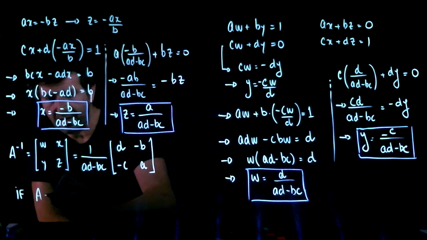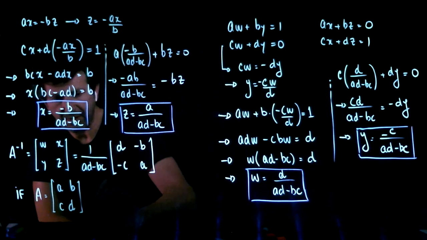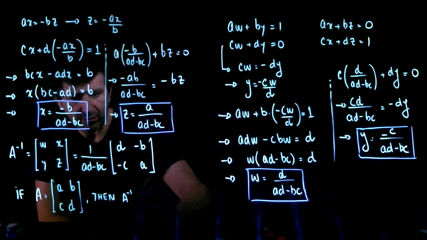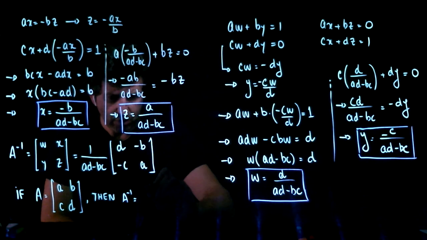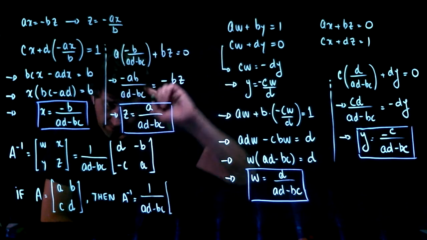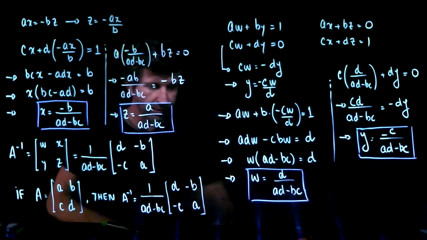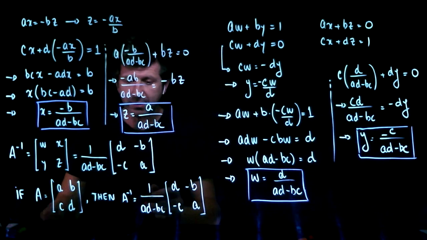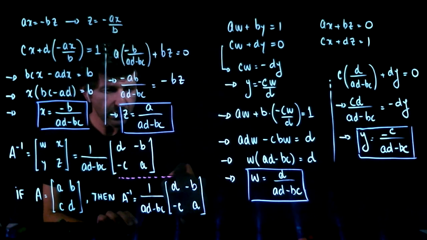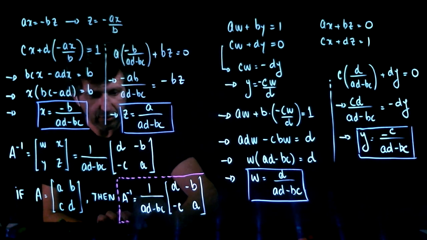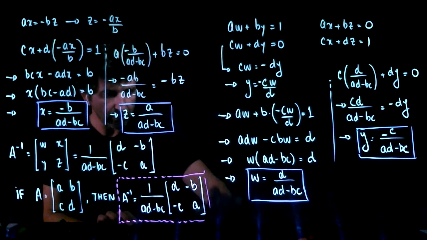So if A is the matrix A, B, C, D, then A inverse is equal to 1 over AD minus BC times D, negative B, negative C, A. Okay, very big result here. We just proved it. So this here is how you find the inverse of any 2 by 2 matrix.